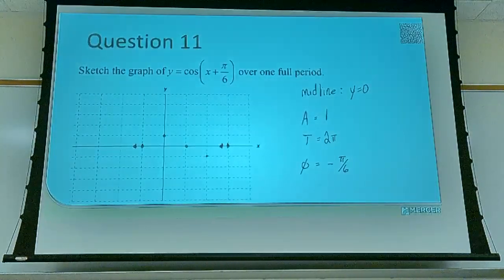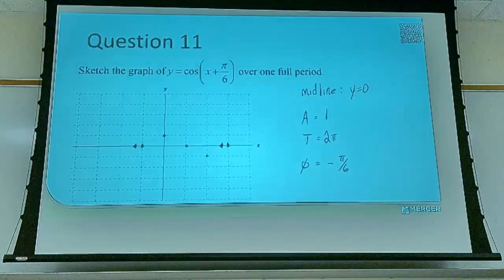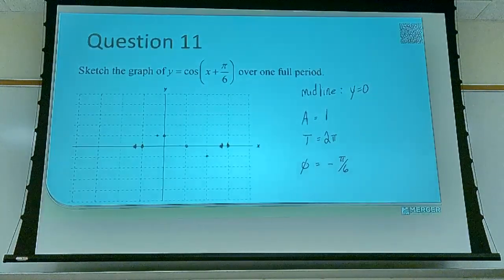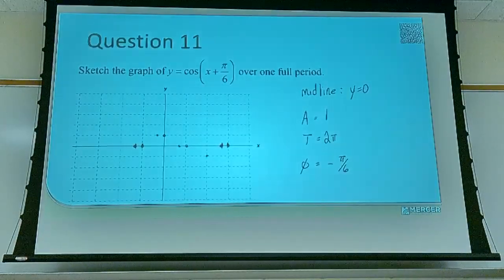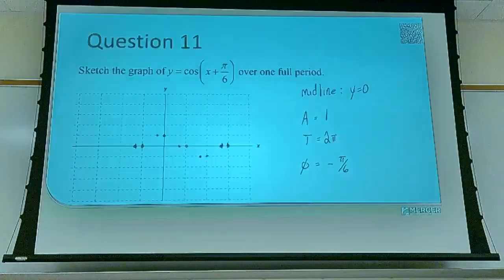And we're going to have to move every single point over by pi over 6. Maybe there, maybe there, there. Does that kind of look like to the left by pi over 6?